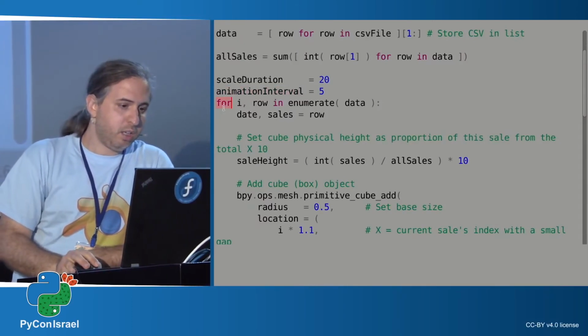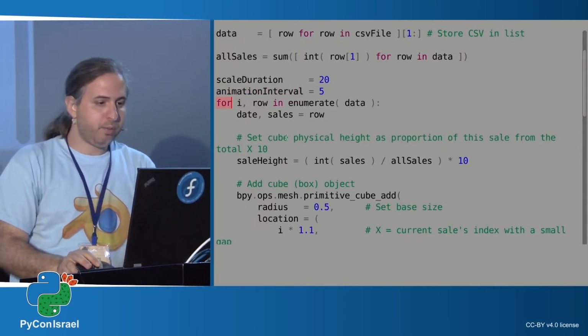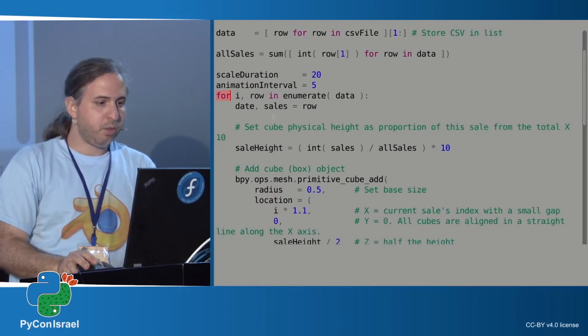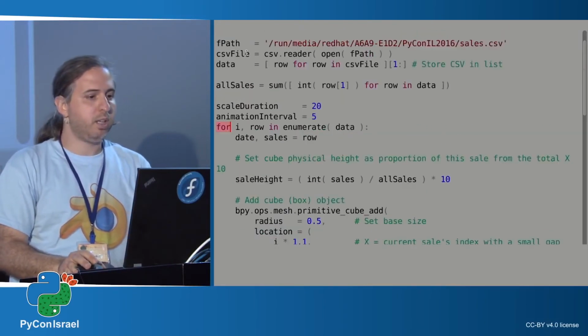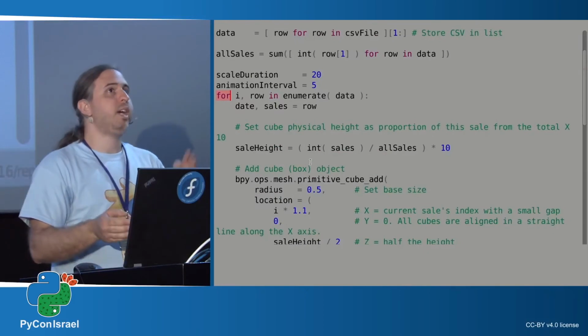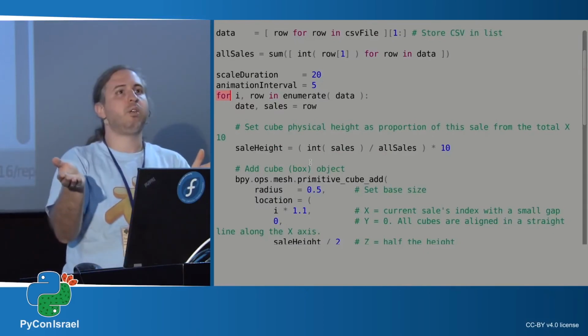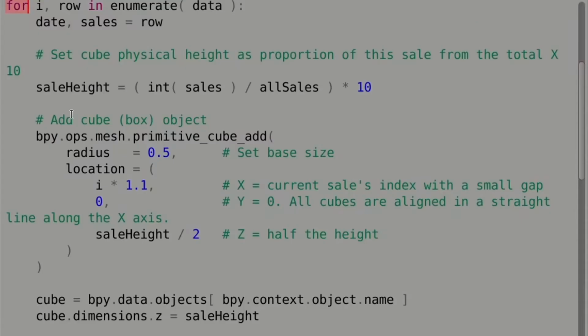And then we just iterate over each row in this list, where one row has a date and then a sale value, an integer sale value. For each one, what we do is this. We have a sale height. The height is the height of the cube that we're going to generate here in a second. So what we're doing here is dividing the current sale by the all sales sum.